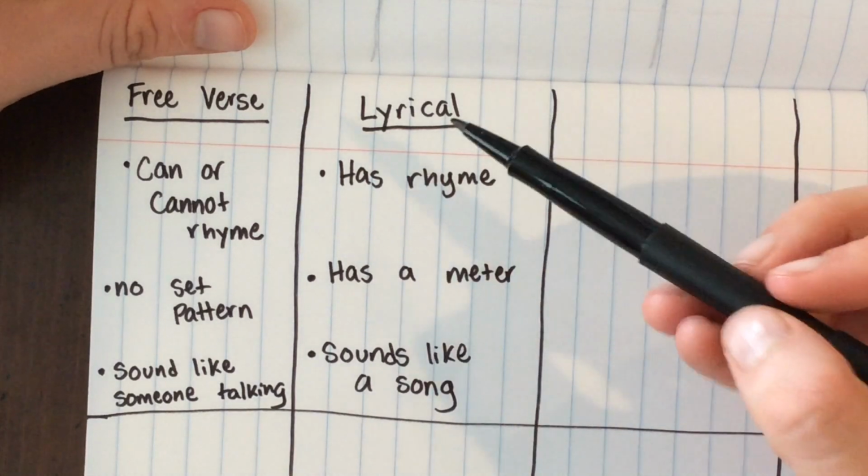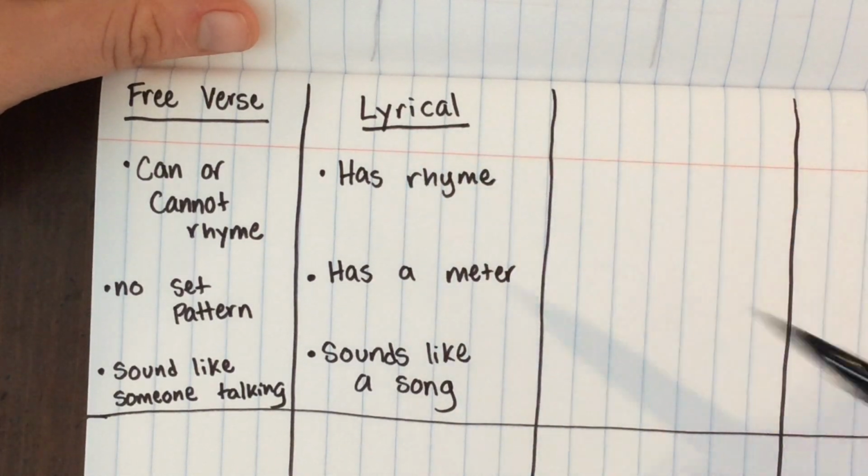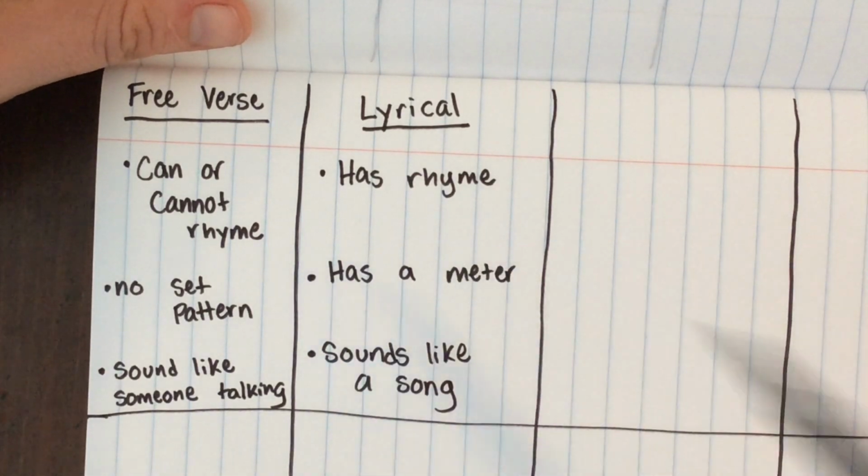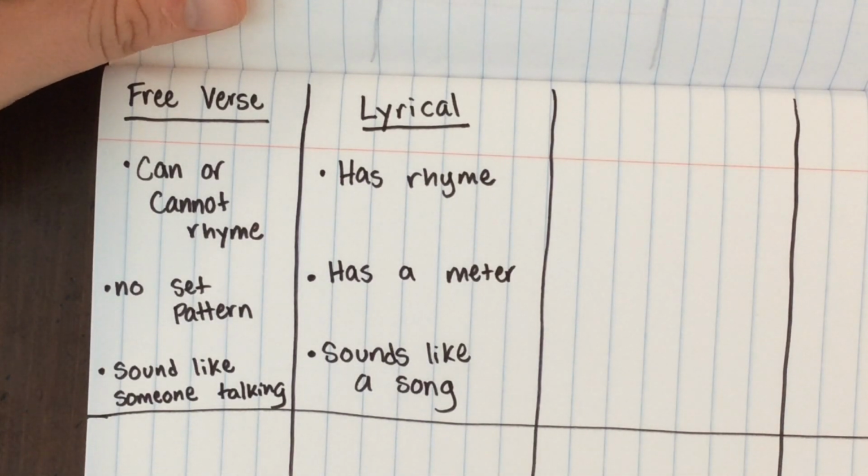So again, going back to the word, it's lyrical, like the word lyrics that you would see in choir or in song lyrics. And so these poems do sound like a song. They're going to have rhyme. They're going to have that up, down feeling, the meter. And so a tip is they sound like a song, just like lyrics do.